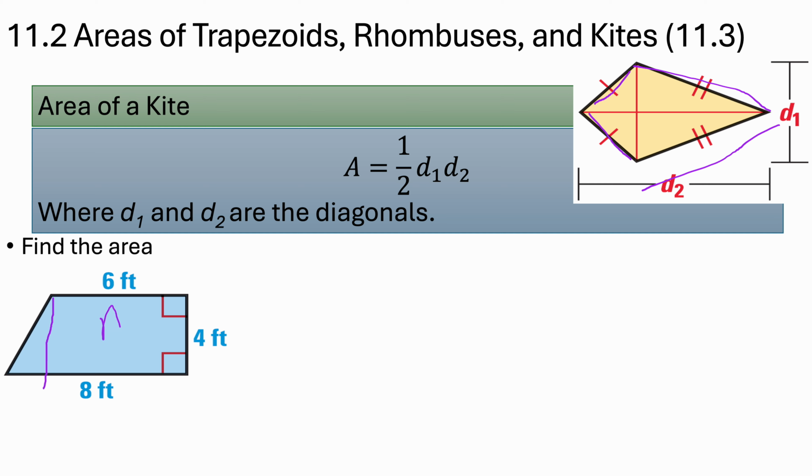Area of part A would be 24 and area of part B would be half base into height. Base is 2 and height is 4. So half into 2 into 4, the 2 and 2 get cancelled out. It will be 4. So the whole area is 28.